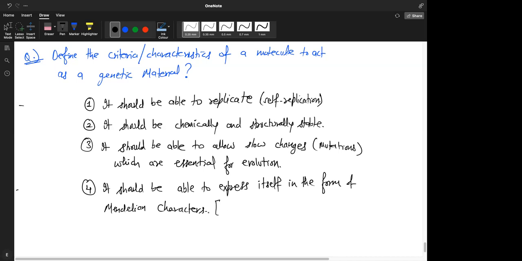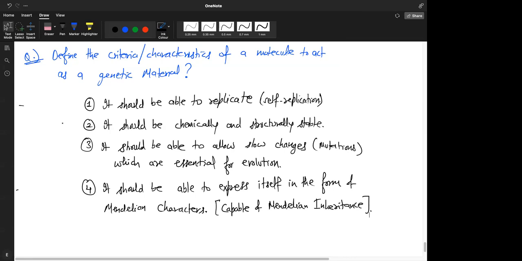In other words, you can say it should be capable of Mendelian inheritance, or it should follow the laws of inheritance given by Mendel. Is it clear? So these four criteria should be there.